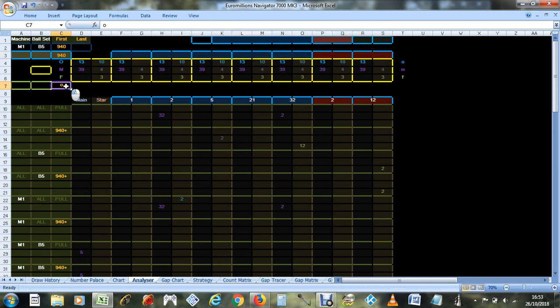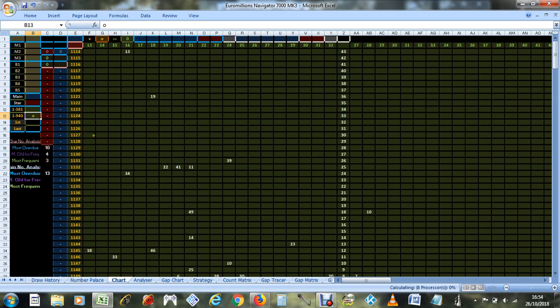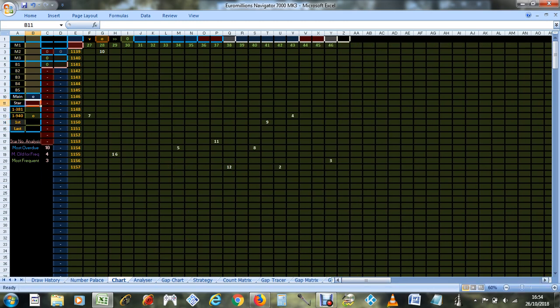So in recent history, the most outstanding star number is star number 4. And if I just show you a chart for recent history since the star numbers went up to 12, just looking at the star numbers, you can see number 4 is most overdue for its frequency.